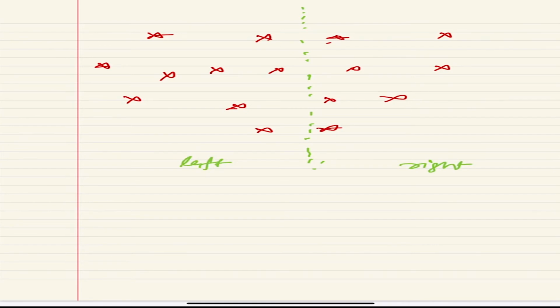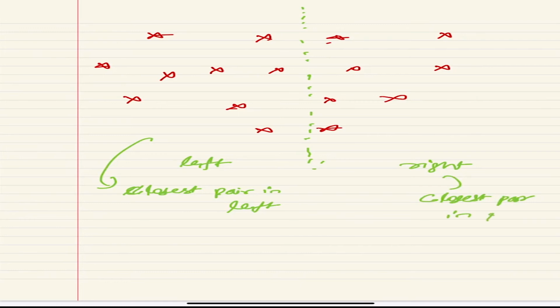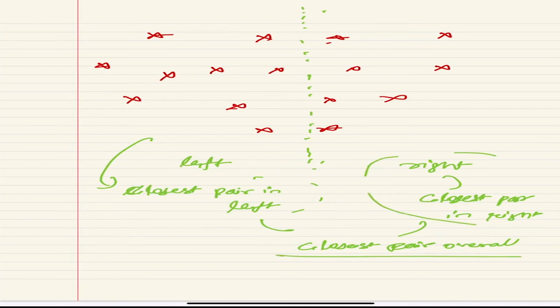Then I can recursively find the closest pair in the left and the closest pair in the right. And then I have to combine this information together to find the closest pair overall. You divide the plane, conquer each of the subproblems, and then combine. That looks like a divide and conquer approach.